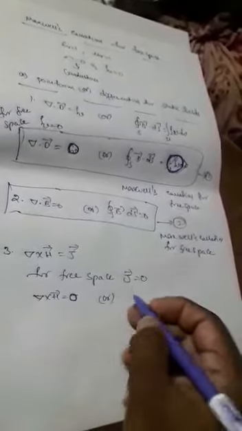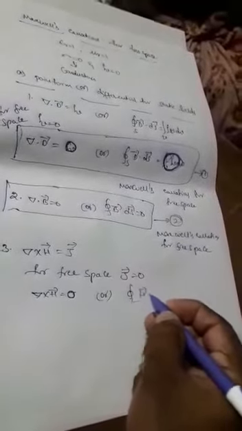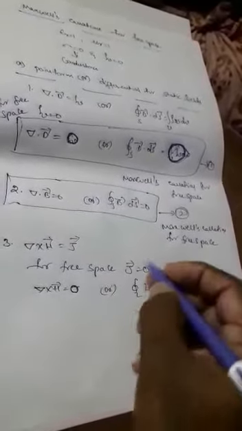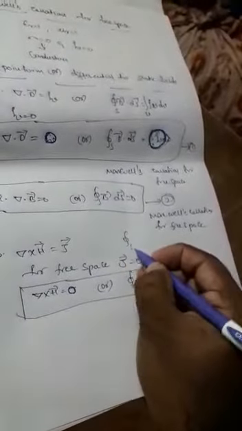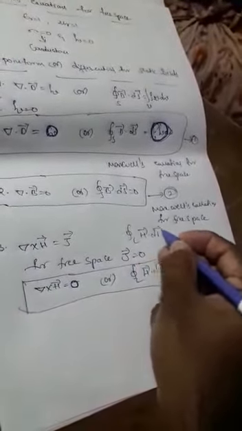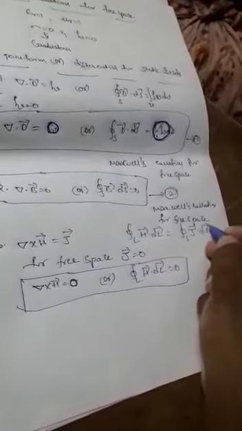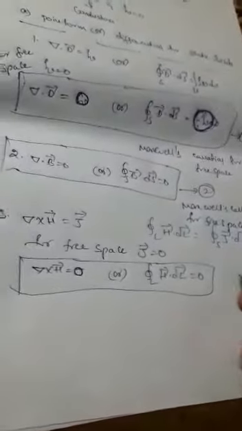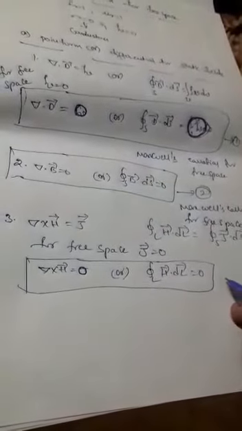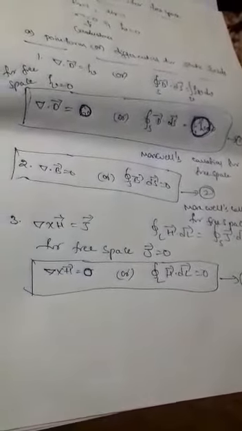Or in integral form, closed line integral of H bar dot dl bar is also 0. The actual form is closed line integral of H bar dot dl bar is equal to closed surface integral of J bar dot dS bar. But for free space, the right-hand side is 0, which is equation number 3.